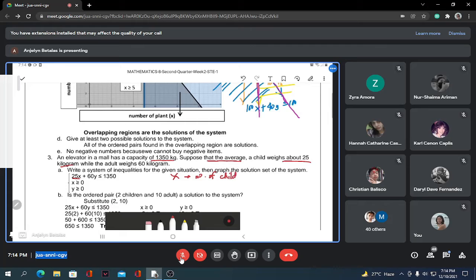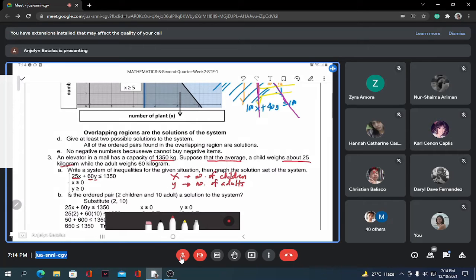And the y here is? Adults, ma'am. Very good. Number of adults. So, 60y, because the average weight of an adult is 60 kilograms times y.